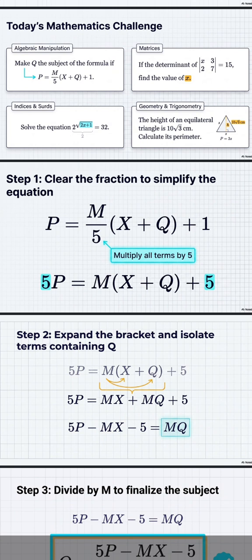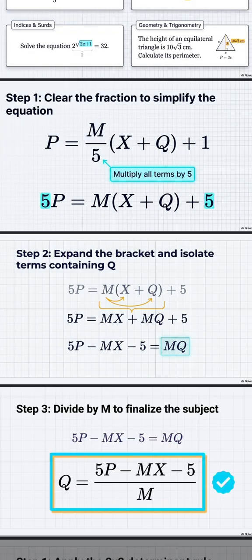If mx crosses, it becomes minus mx, and 5 crosses over, it becomes minus 5. So we now have 5p minus mx minus 5 at the left hand side and mq at the right hand side. The last step is to divide through by m in order to isolate q completely. So we now have q equal to 5p minus mx minus 5 all over m.